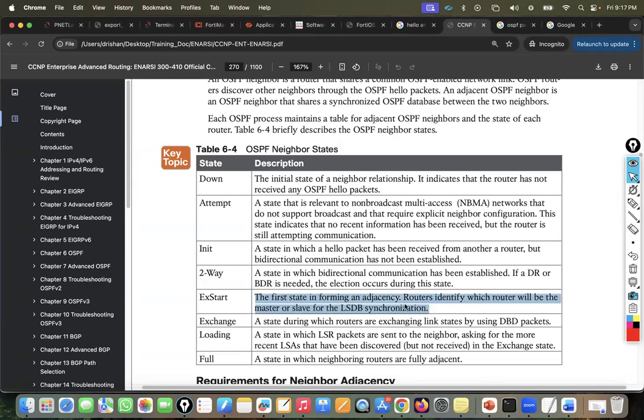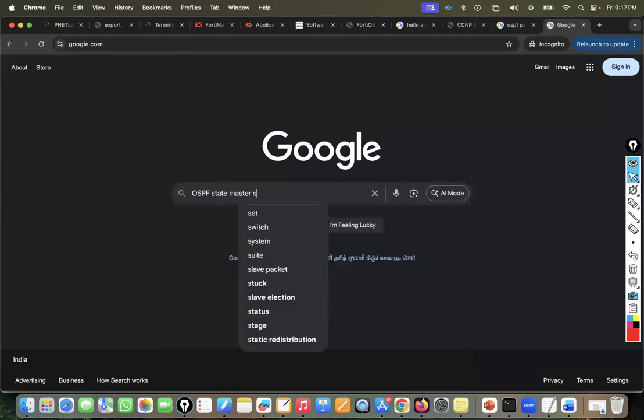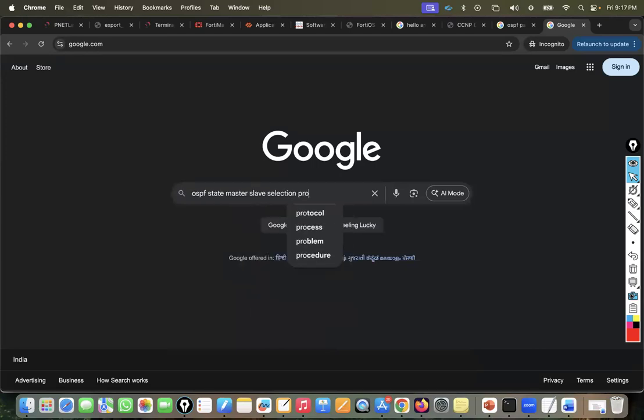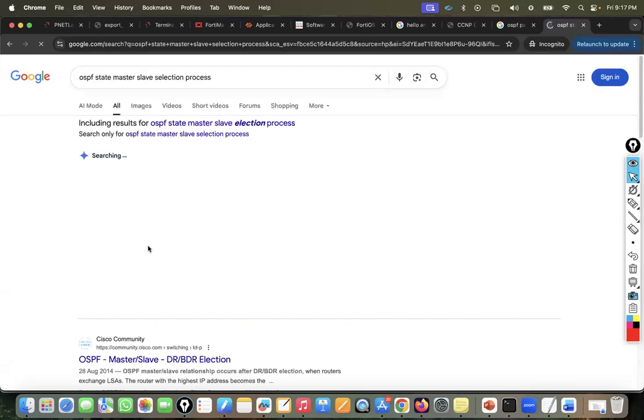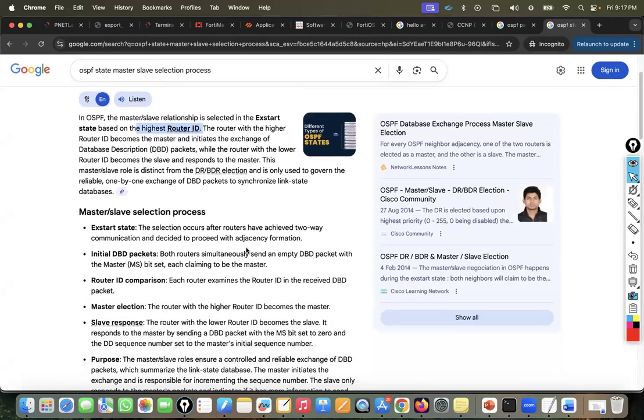OSPF state master slave selection process. So you'll see here, OSPF master selection criteria is the highest router ID. So whatever the highest router ID we have, that is going to be master. If the router ID is not configured, then the highest interface IP configured is going to be master, right?